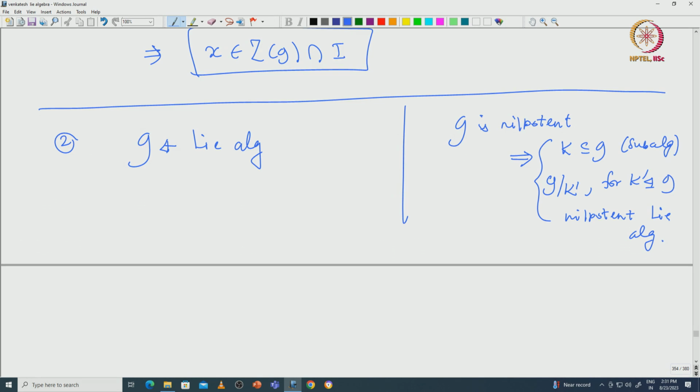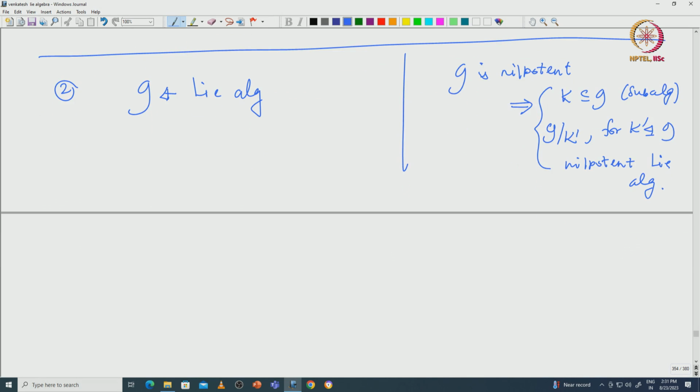Okay. So now one can ask the converse. So suppose you know that there is an ideal K such that G mod K is nilpotent. So can we conclude, from K nilpotent plus G mod K nilpotent, that G is nilpotent?